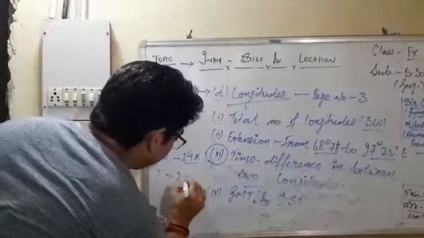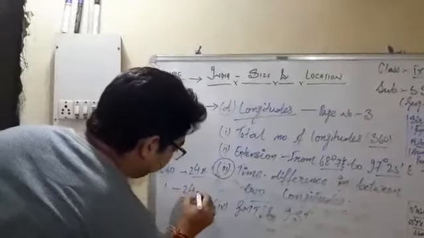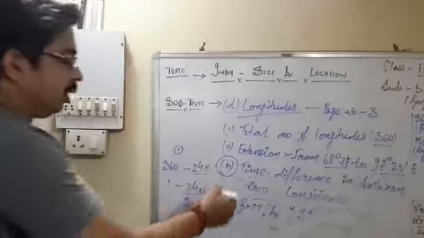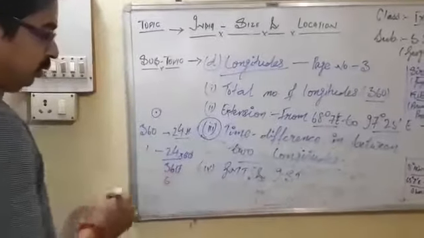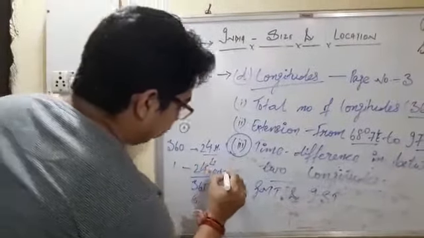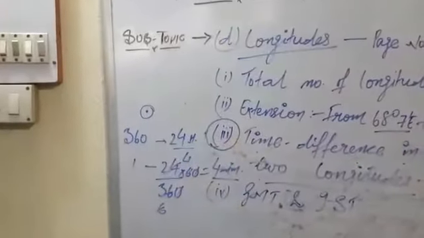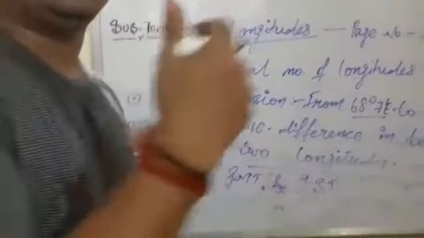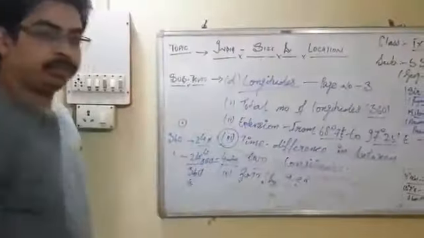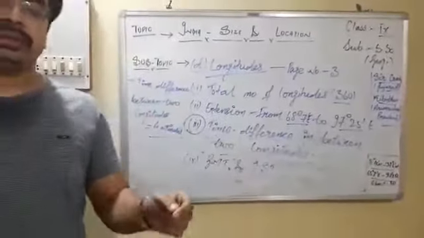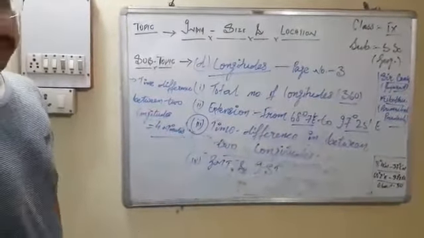For this, 24 by 360, and if we multiply by 60, then we convert it into minutes. So it is very easy to understand: 4. That means from one longitude to another longitude, Earth takes 4 minutes. So the time difference between two longitudes is 4 minutes.